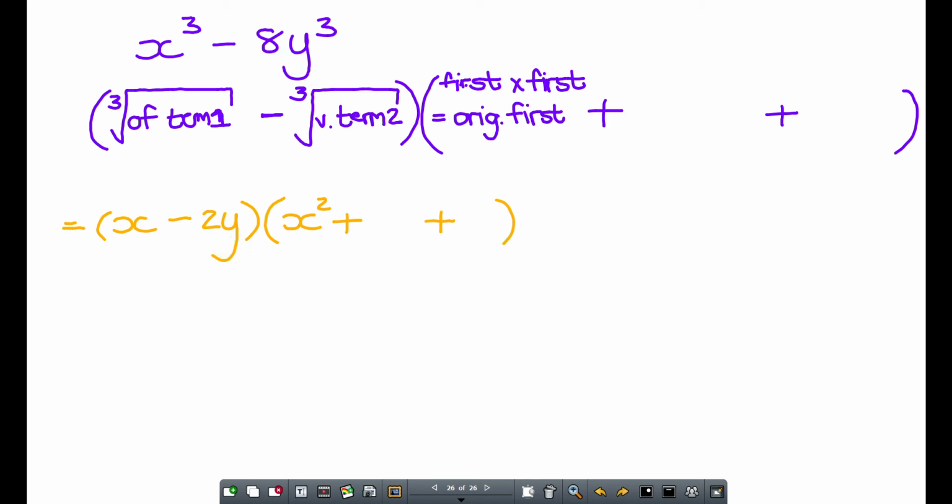So dit gaan wees 4y tot die mag 2, né? You guys good? So hier gaan jy sê last times last is equal to original last. Laaste maal laaste, gee vir jou die oorspronklike sommetjie se laaste term.